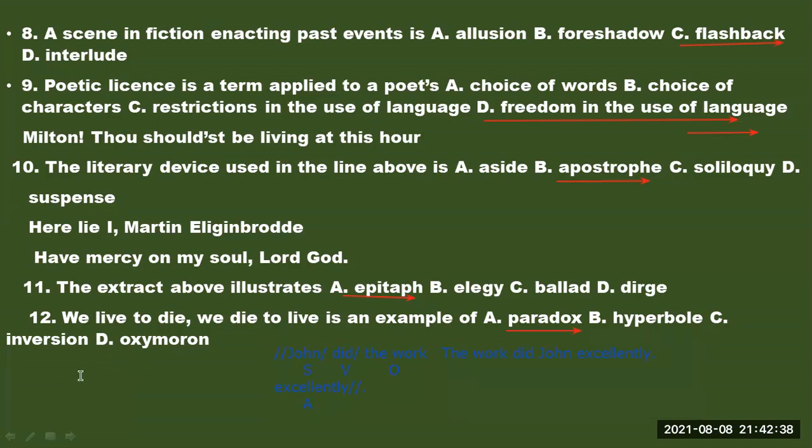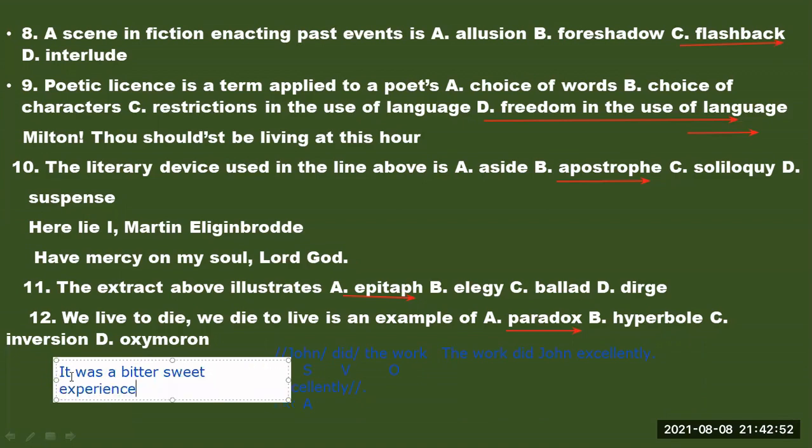Now, when you hear something like bittersweet, okay, it was a bittersweet experience. All right, so this is an example of oxymoron. The phrase bittersweet is an oxymoron.